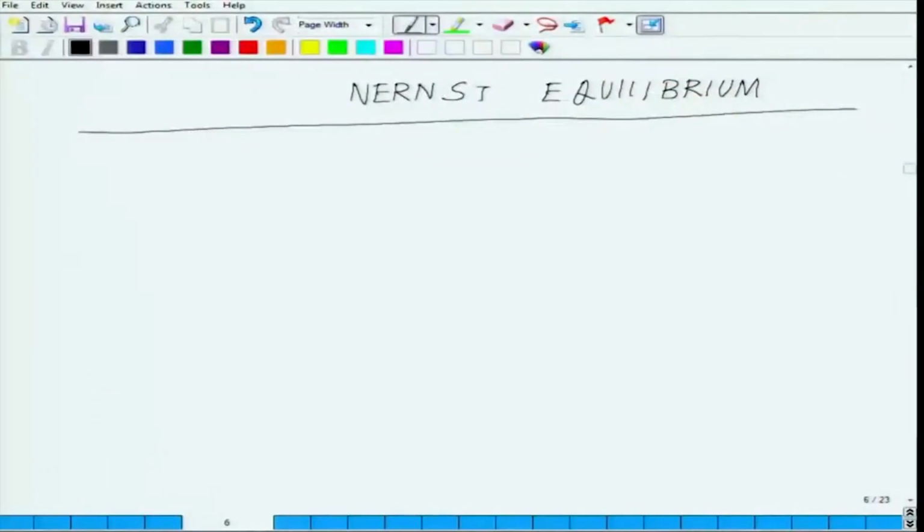So, let us put it down in the slide, how the Nernst equation really looks and how we give it a formal explanation.